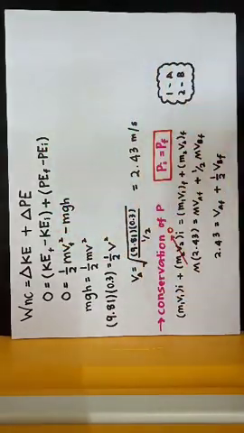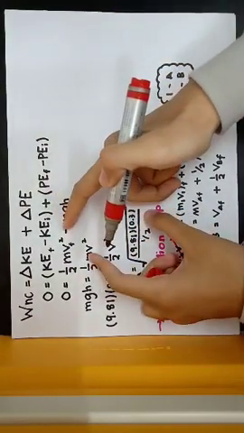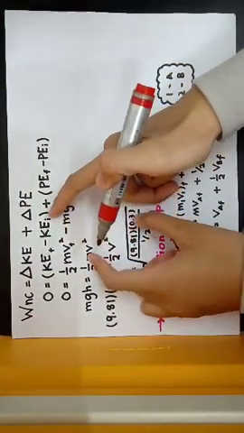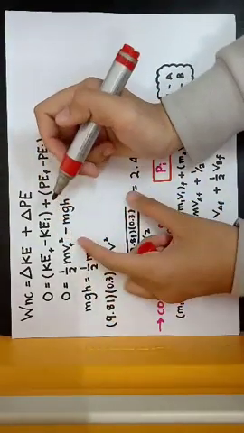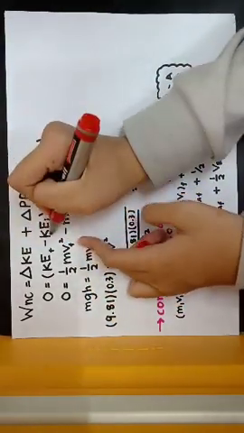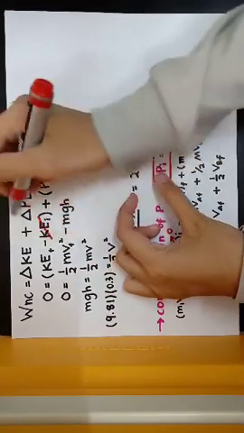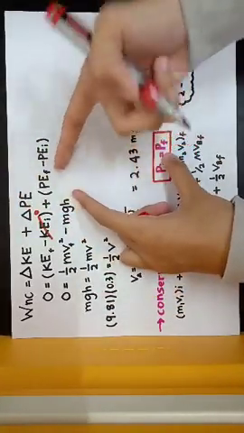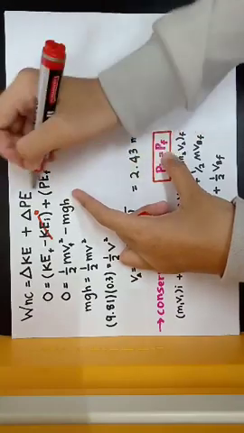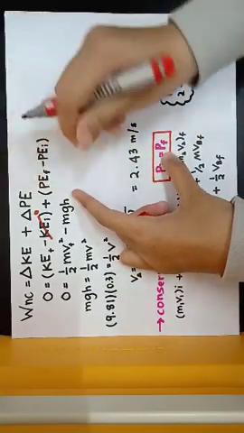We know that the initial velocity for block A is 0 because there is no movement, so we can cancel the initial kinetic energy. At the end of the movement there is no final potential energy for block A because it is already on the ground.